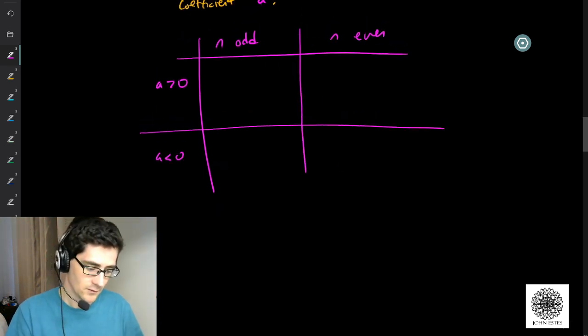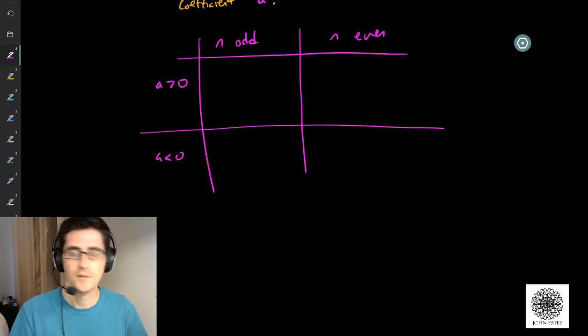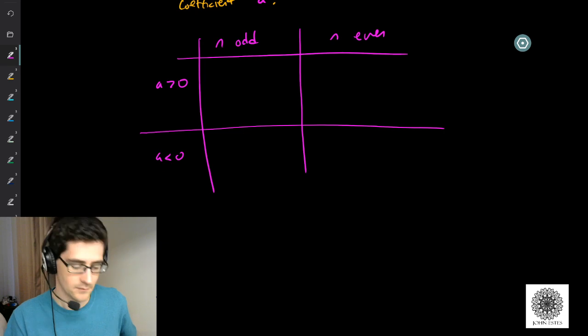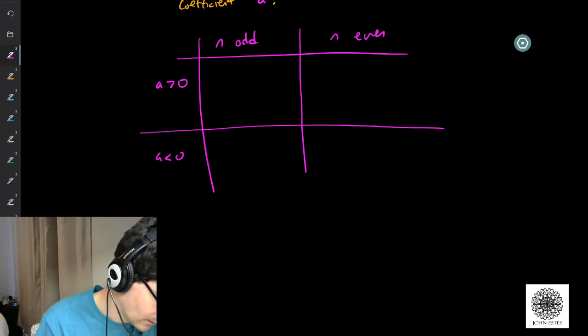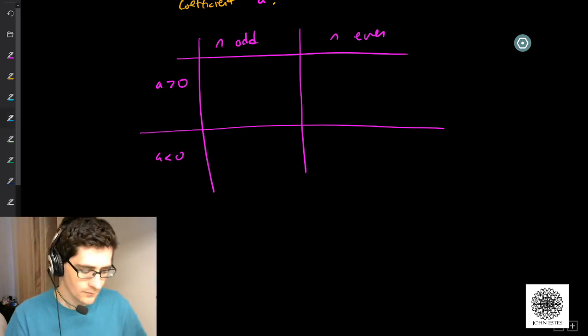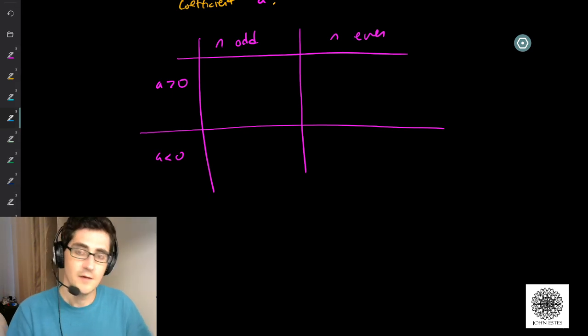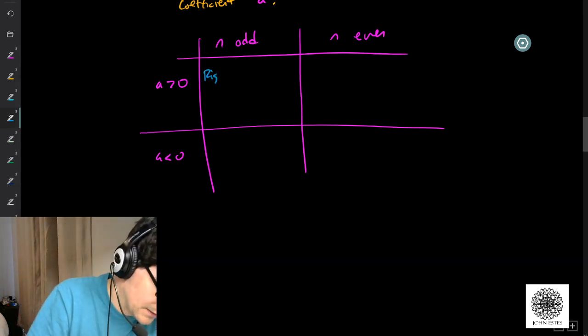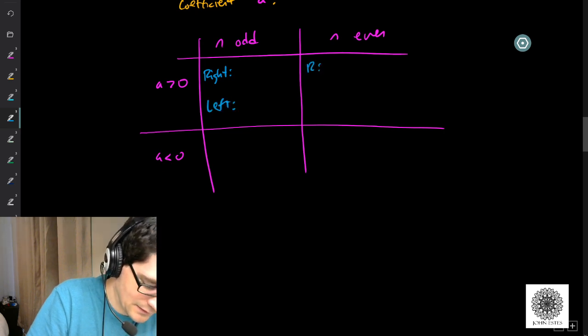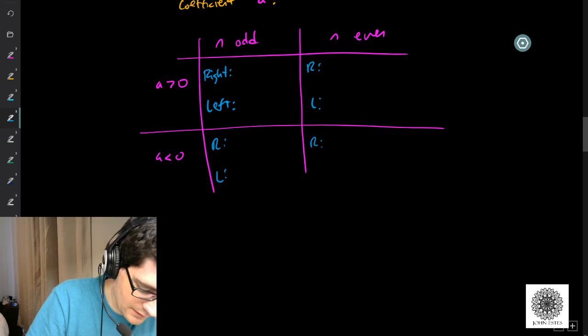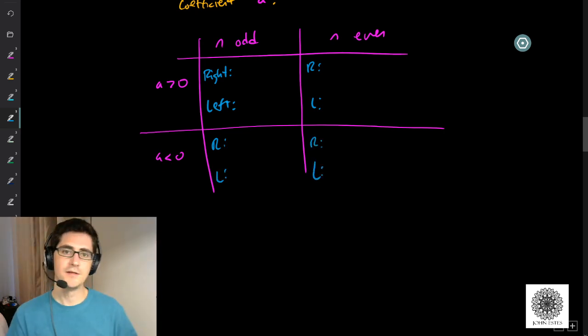The leading coefficient is either positive or negative, and the degree is either odd or even. Now for the right behavior, we're going to look at right and left in each of these cases. And don't worry, you're going to see that it's actually pretty easy to keep up with.